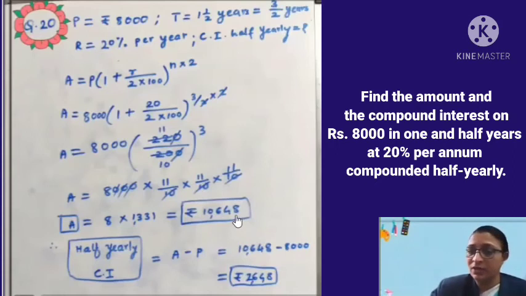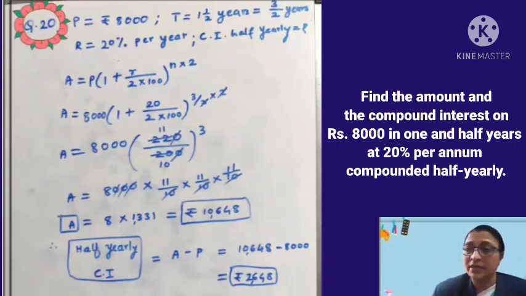As we need to calculate compound interest half yearly, amount minus principal, that is 10,648 minus 8,000, which will give you rupees 2,648. So this way, on the given condition, compound interest is rupees 2,648.